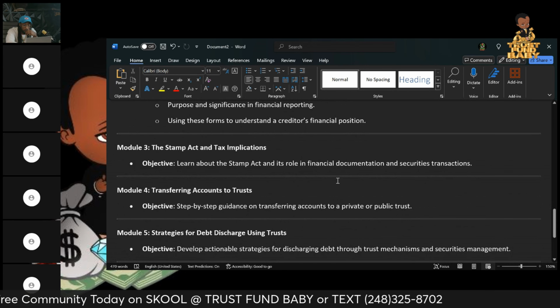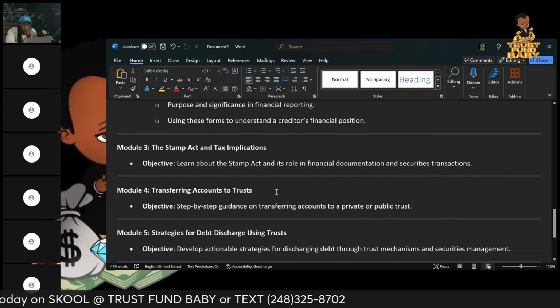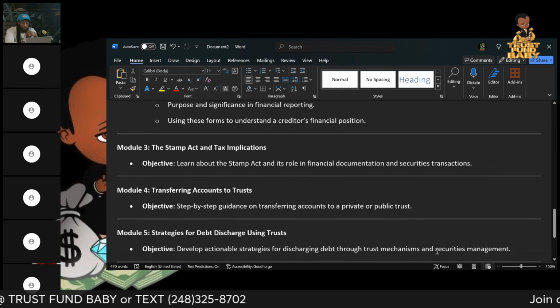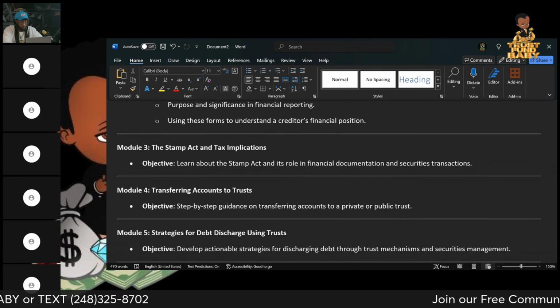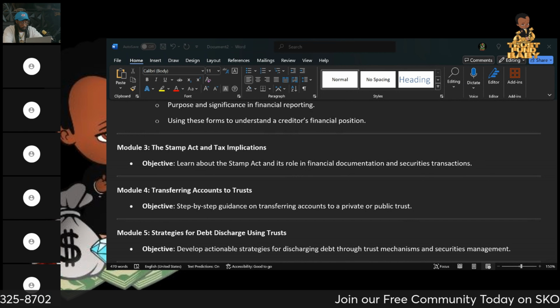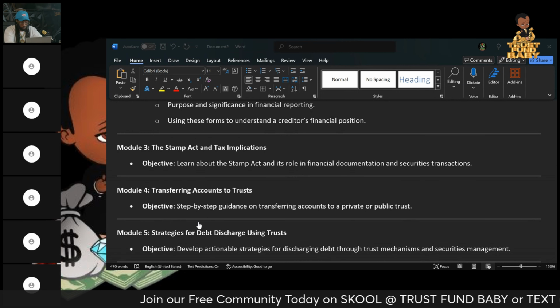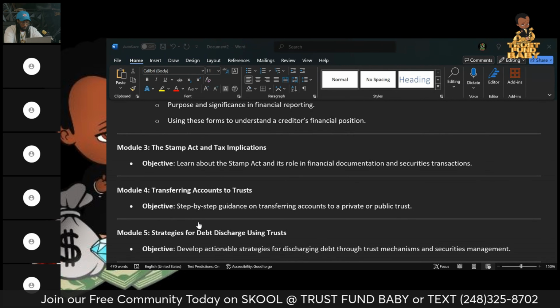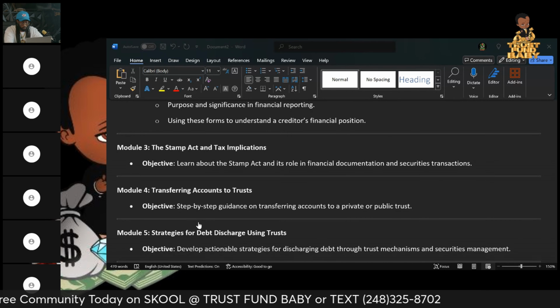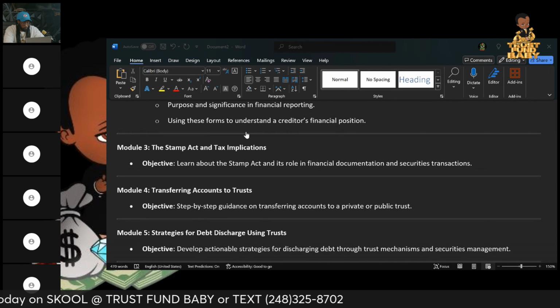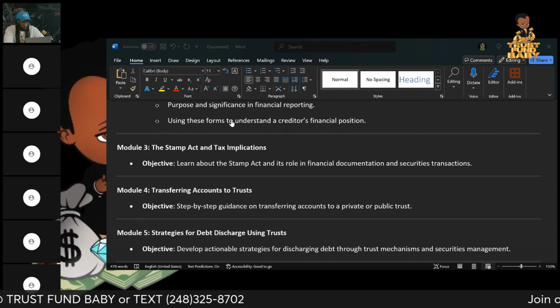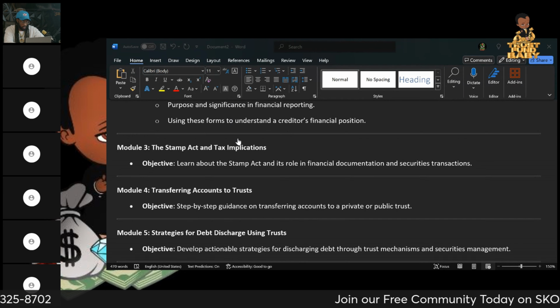Stamp Act. That's the third one. When is the Stamp Act from? It's more than one. Let me make sure I'm telling y'all the right one. Is it the 1765 one?